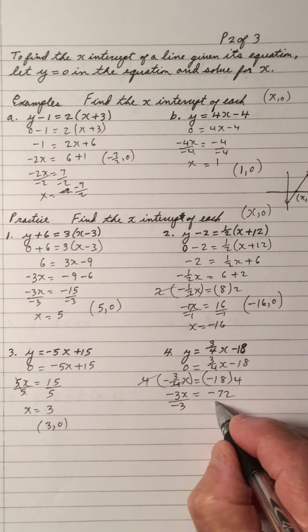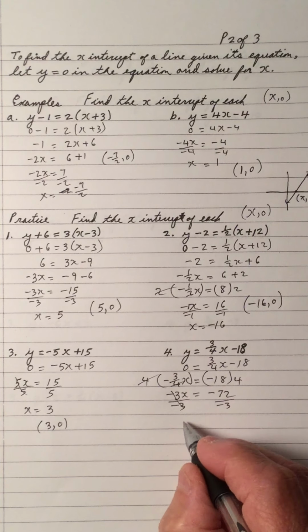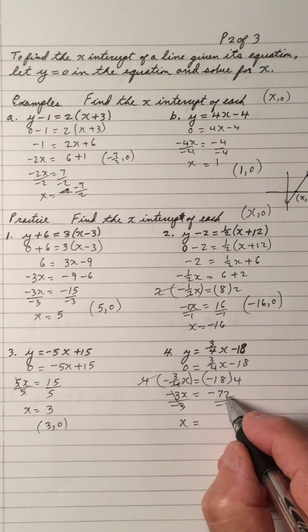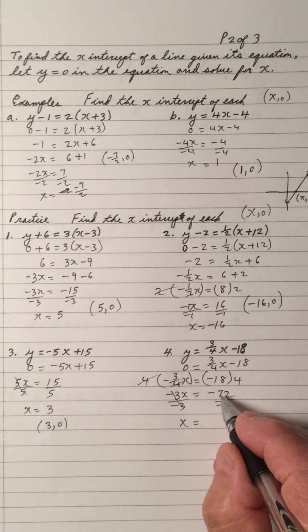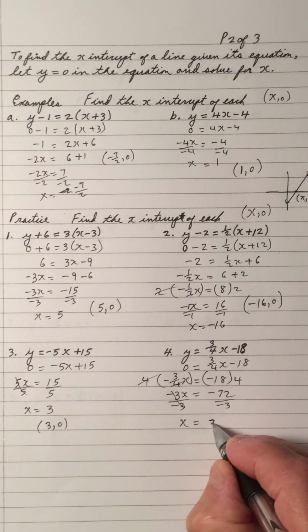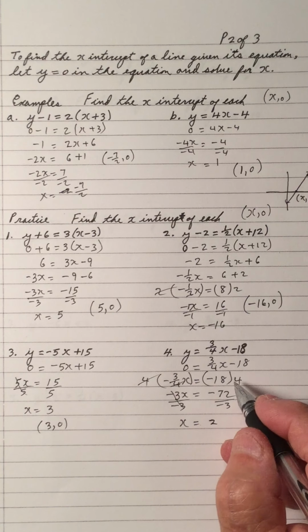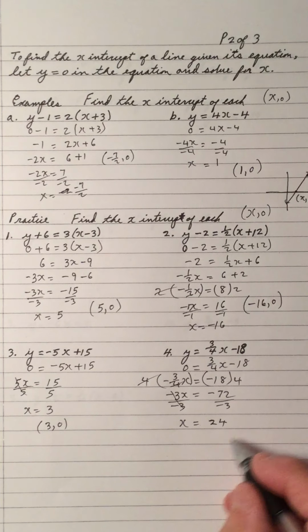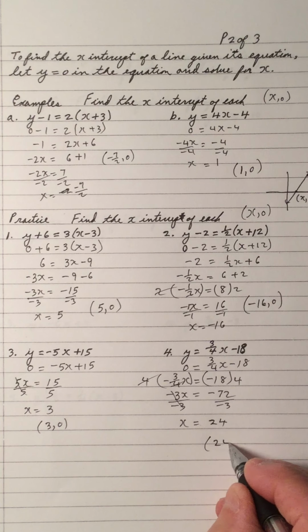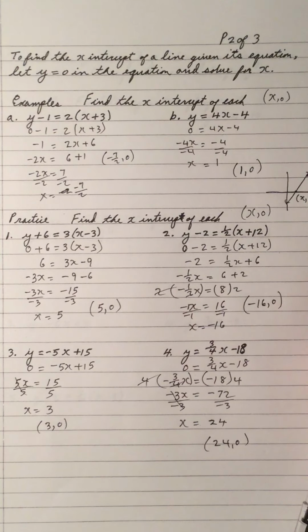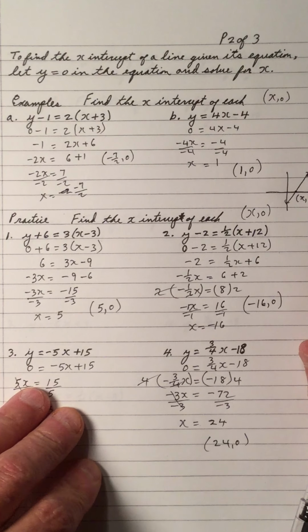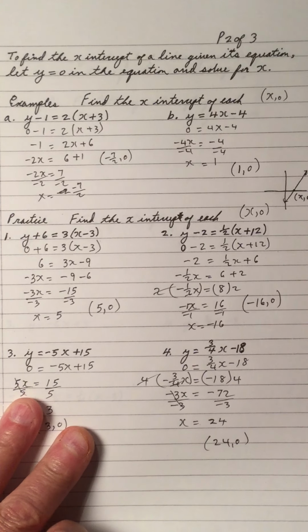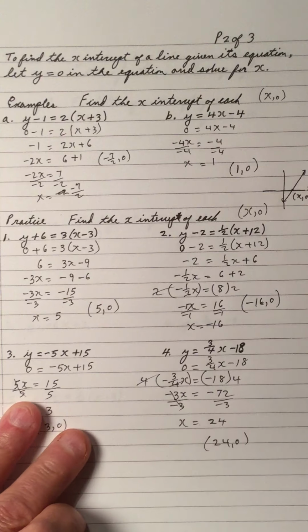And divide by negative 3 on both sides, they cancel, giving us 1x. And 3 into 72 is positive 24. Negative divided by negative is positive. So it's 24, 0 as the x-intercept. So how do you find the x-intercept? Let y equals 0 in the equation and solve for x.